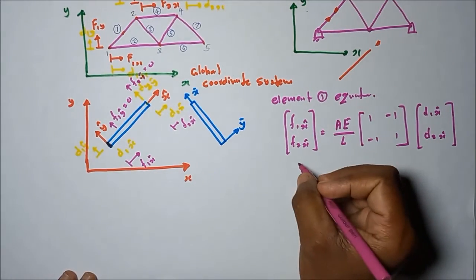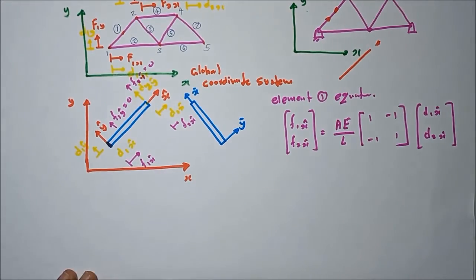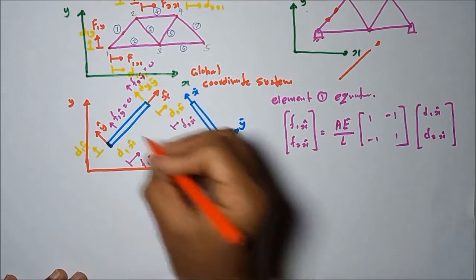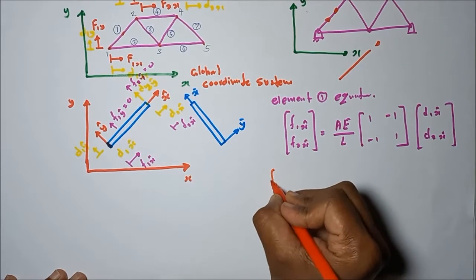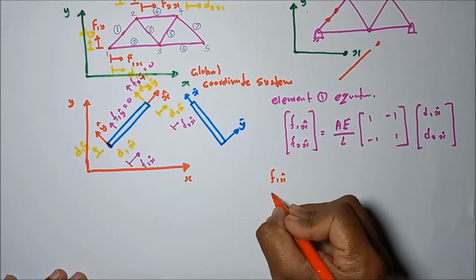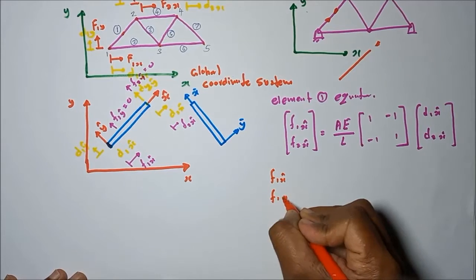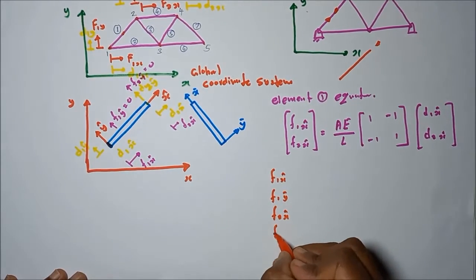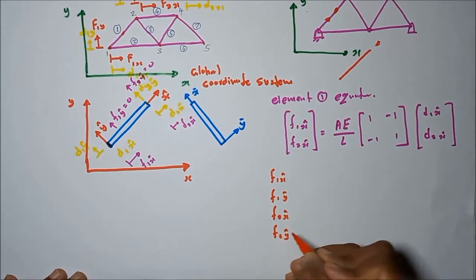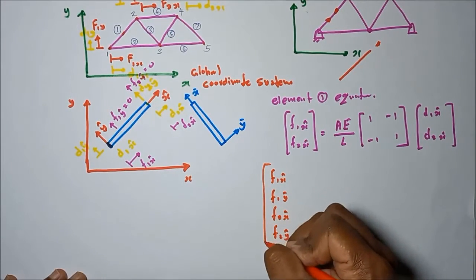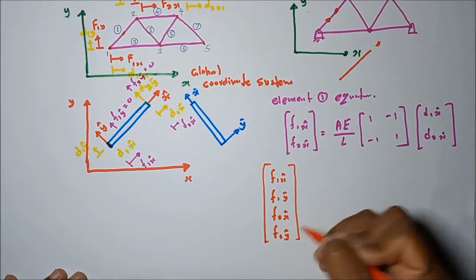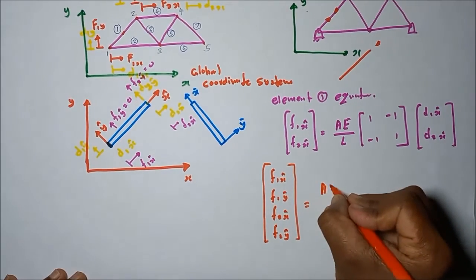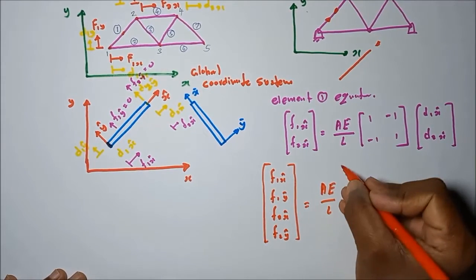So let's see how to include that. This is the equation we obtained for the element 1 equation. Then I am going to include these. These are also f1 x hat, f1 y hat, f2 x hat, f2 y hat. AE divided by L.